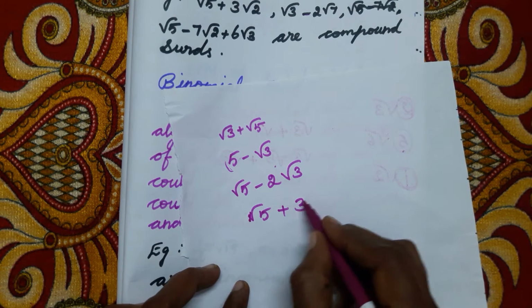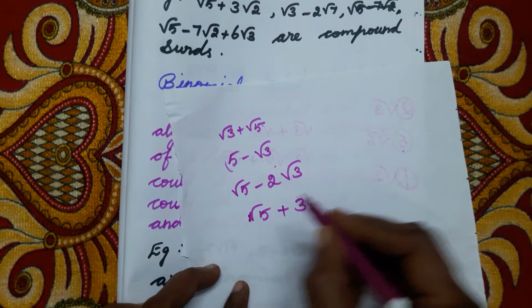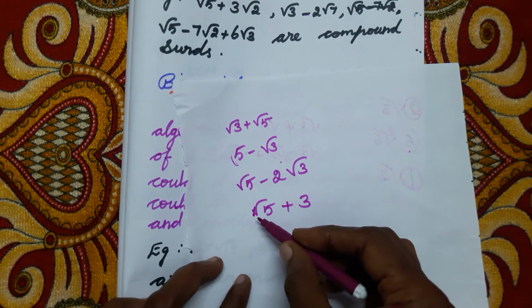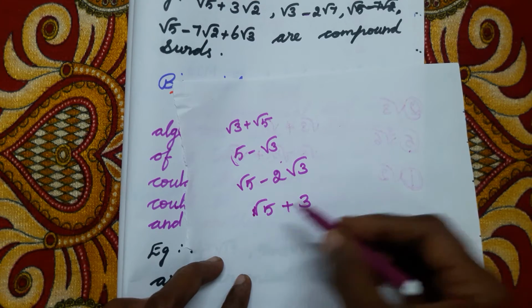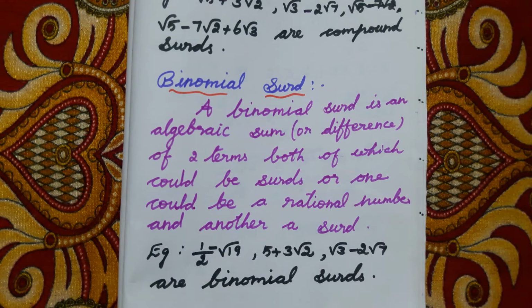Next, root 5 plus 3. It has 2 terms. One is a rational number, another is a surd. This is also a binomial surd. Can you understand?